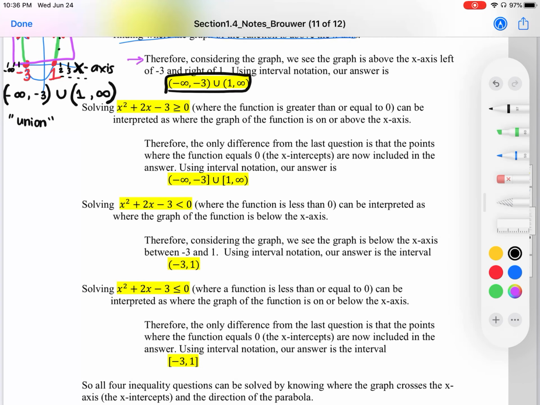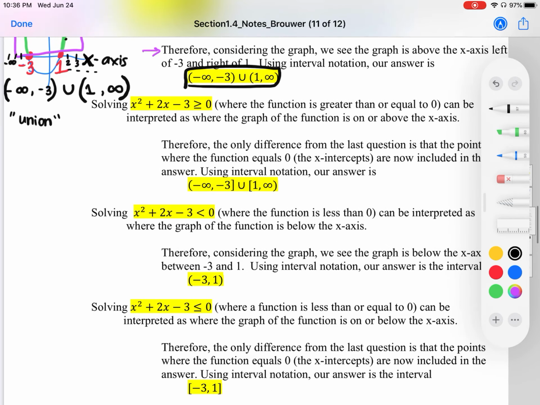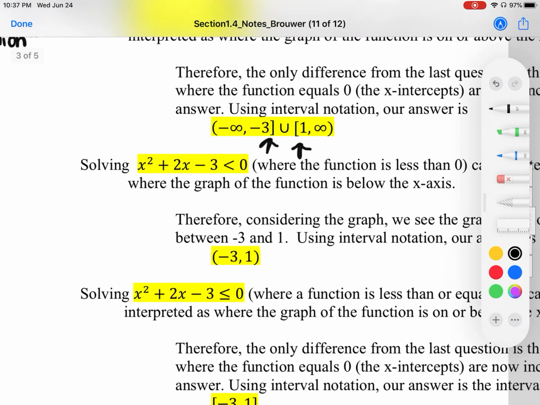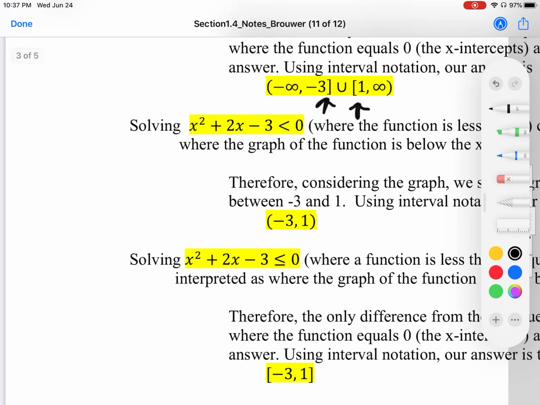All right, let's go on to the next one. Same idea, but different inequality. Now I want to consider the numbers that are above and equal. So same numbers, but instead of using parentheses for -3 and for 1, we're going to use brackets. What about less than? Let's draw a quick sketch.